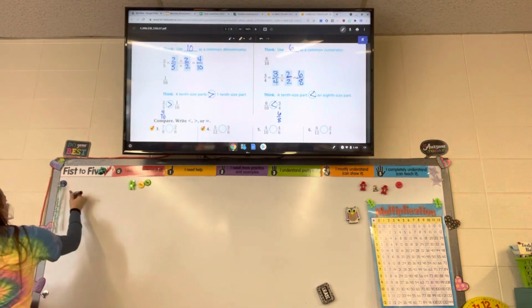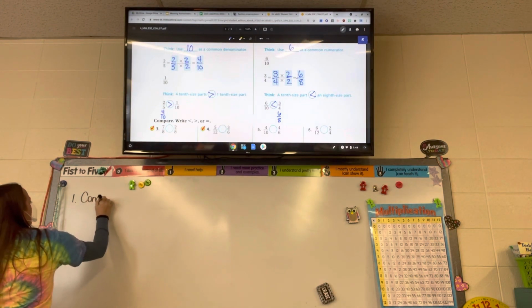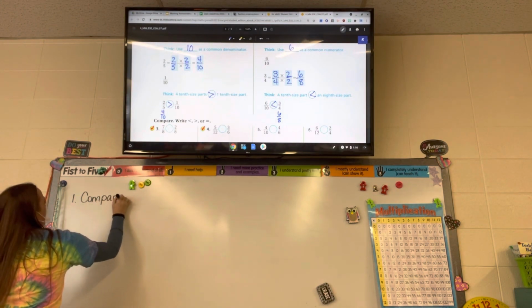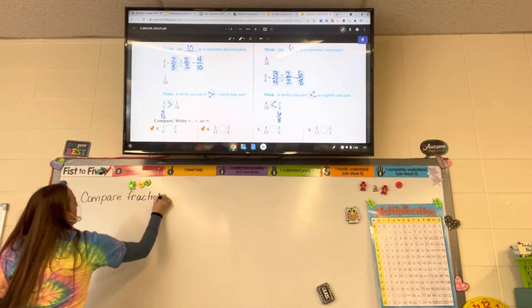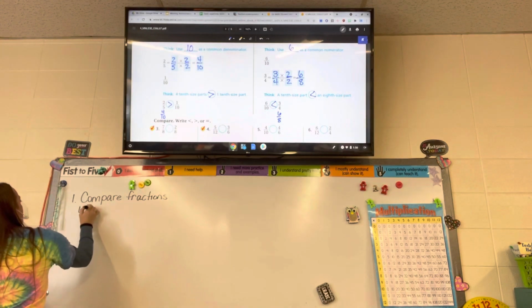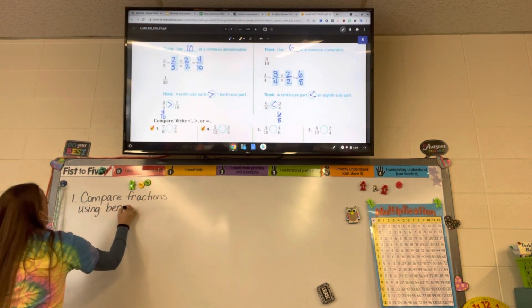Just a reminder, step 1 is to compare fractions using benchmarks. That's what you do first.